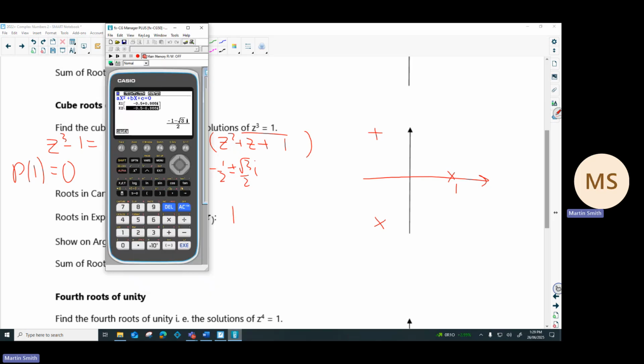The other ones, on my calculator, I type in minus a half plus root 3 over 2 i, and convert it into the standard form by pressing option, complex.